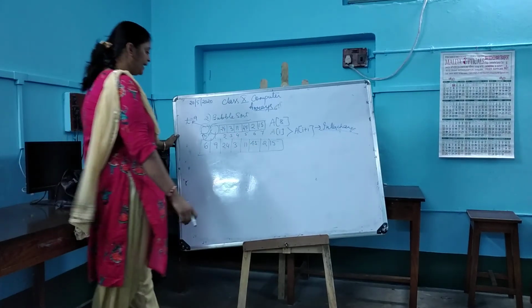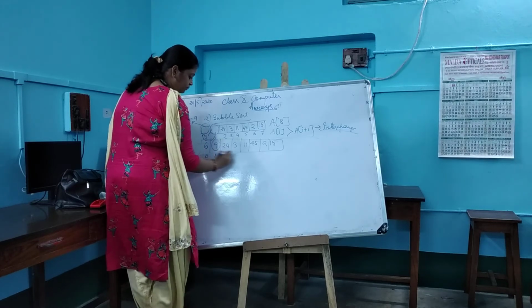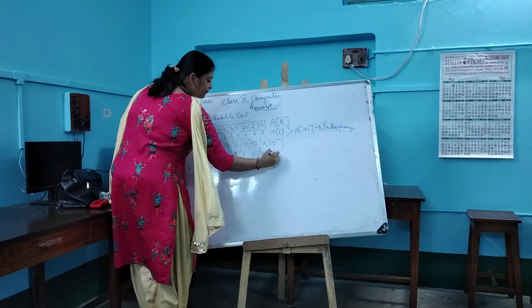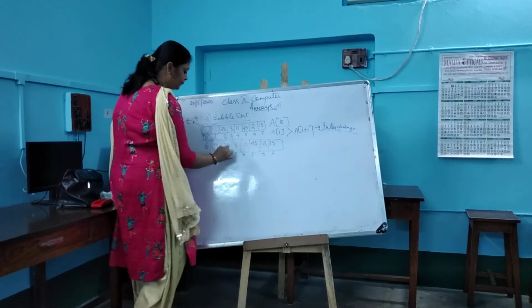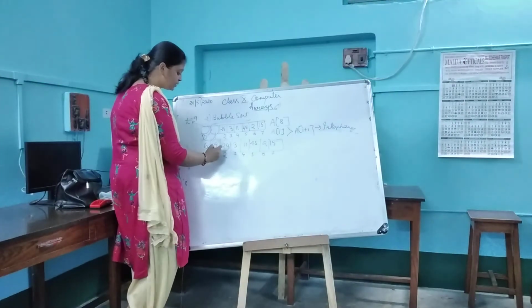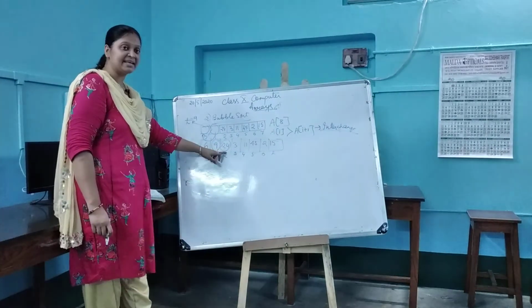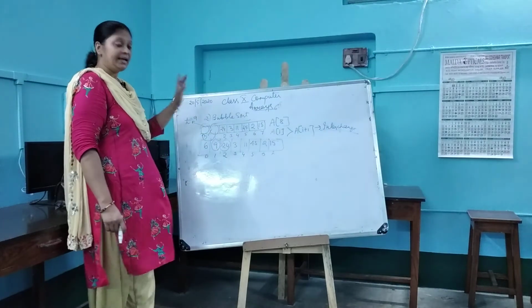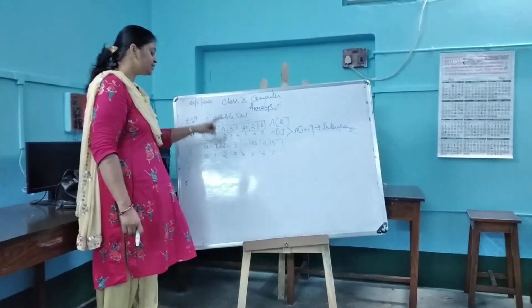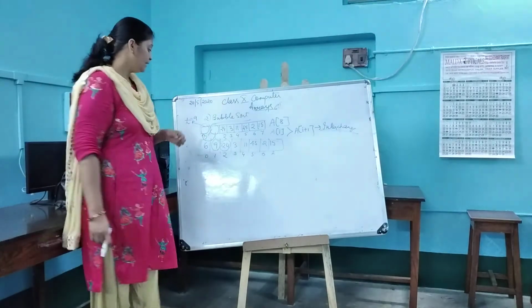Okay, next we will check numbers 1 and 2, that is A[i] and A[i+1]. Again this will be checked with the condition whether the number in the first position is greater than the number in the second position. No. Here, just because it is not greater, no interchange will be there.